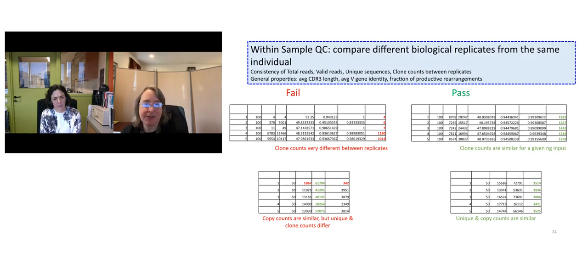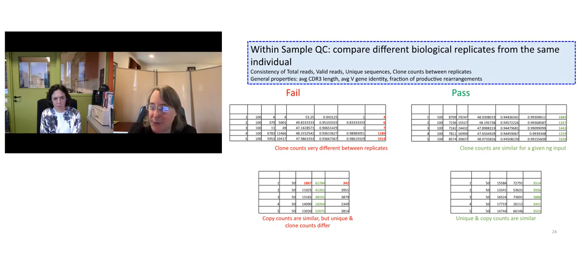And this is an example of what those types of metadata look like. So we have things like a library and individual replicates. We have some amount of nanogram input, let's say, and then we have different numbers of reads, unique sequences, clone counts. And this gives us an idea.